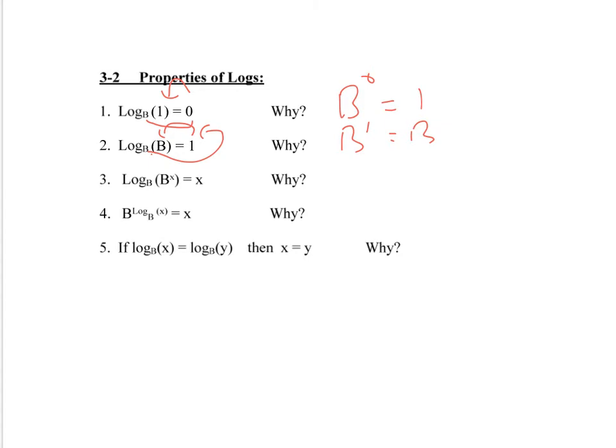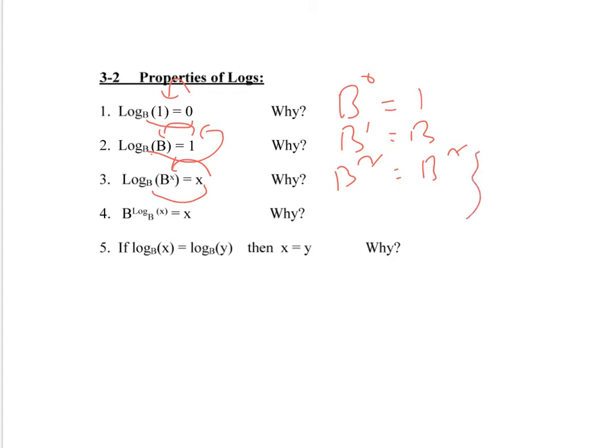Log base b to the x is x, because b to the x is equal to b to the x. And the last one is our other inverse property of logs: b to the log base b of x is equal to x.